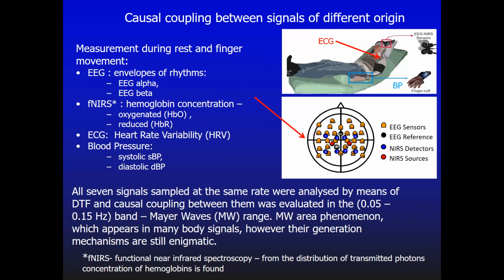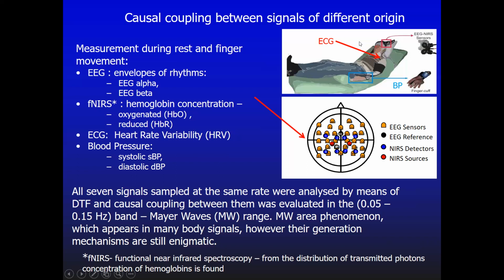So if somebody is interested, I can explain how it is done. On the scalp, they placed EEG electrodes, these orange ones, and the blue ones were the optodes, NIRS detectors, and the two red ones were the NIRS sources.